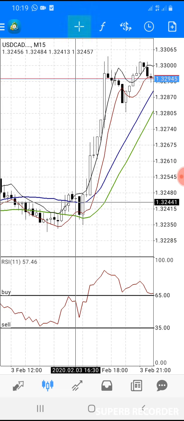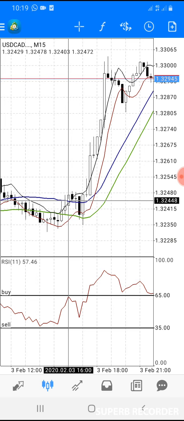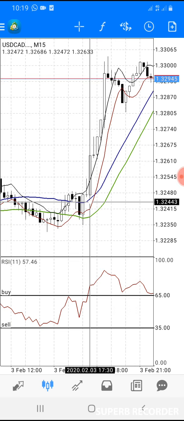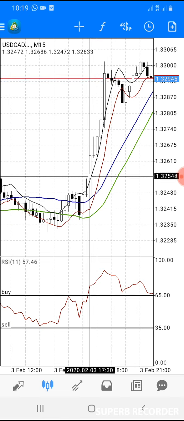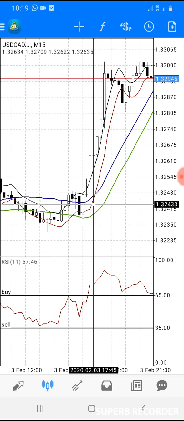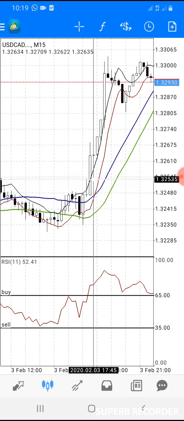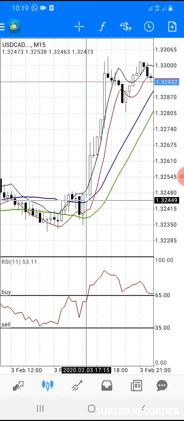Okay, here. Let's say you enter your trade here, right? If this candle falls and crosses the red line, it means it's reversing, so you should close that trade.